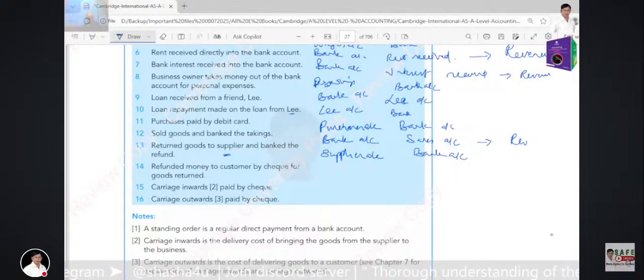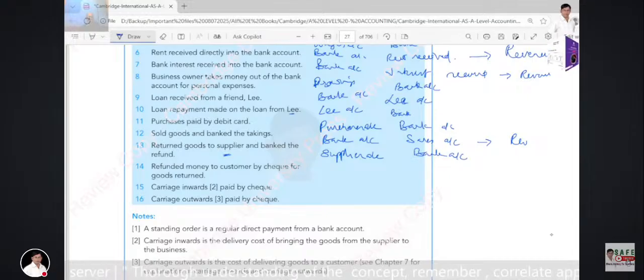Return goods to supplier means what is happening? You are giving away the goods to the supplier. So you have purchased the goods and you are giving them away.